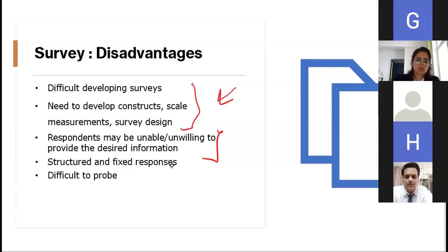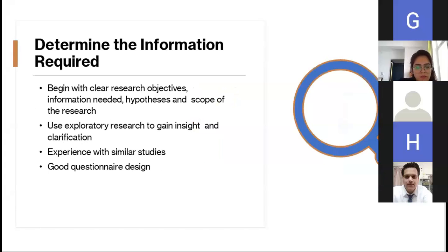So if you ask, what is the reason why you are not buying a product, it is possible that it's not because of quality, price or discount or anything, but it's because the shopkeeper who is selling near that respondent's house is very rude and he doesn't like going there. So there are different reasons that can come, because it's not a free flowing discussion, it's more structured. So those responses are difficult to capture. So these are the disadvantages.